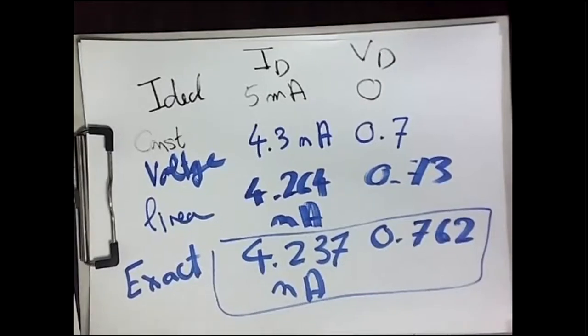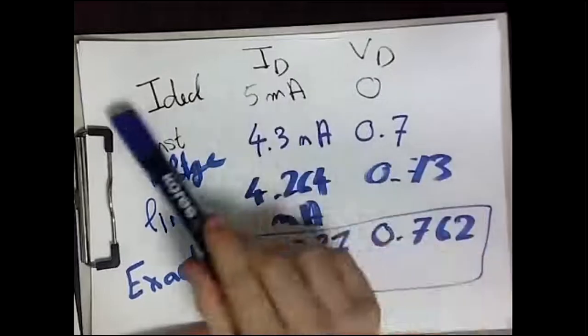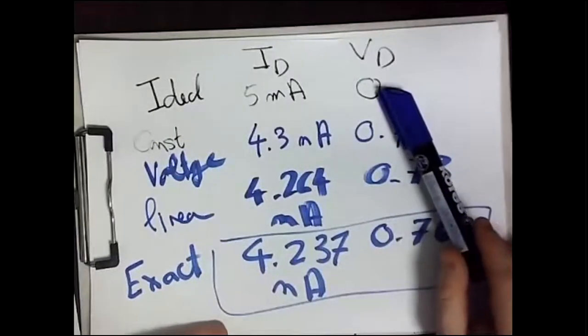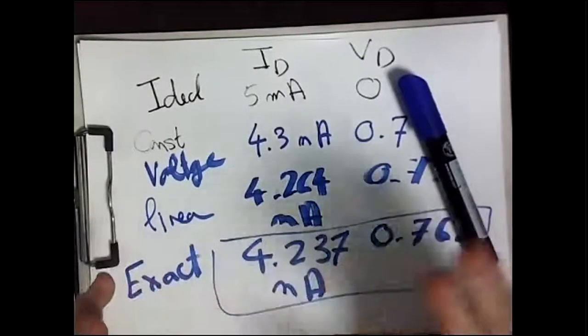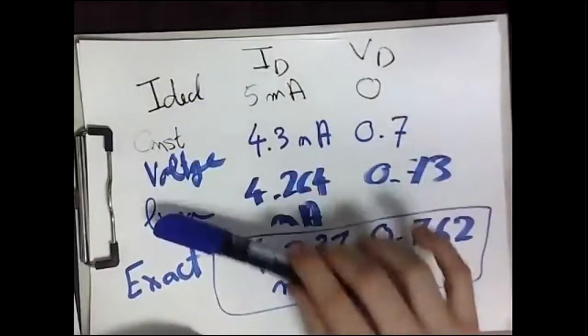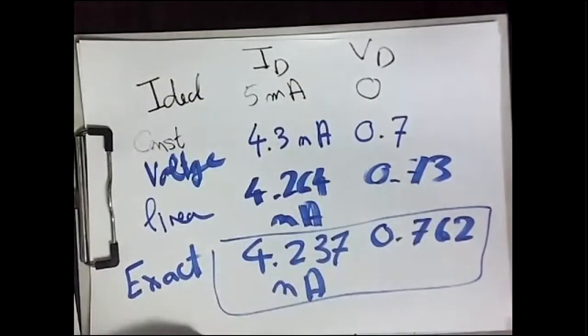However, if you accept a higher range of error, you can go directly to the simplest one, which is the ideal model. These are the most famous three models used for modeling a diode, in addition to the exact model, which is a graphical model we showed at the beginning of this part.